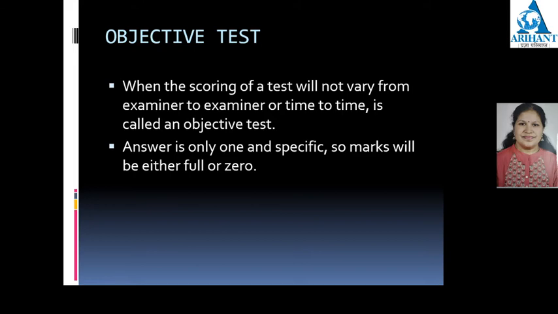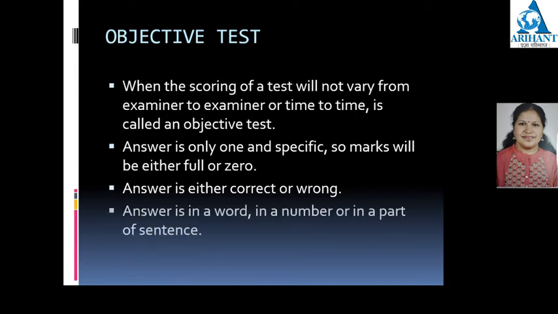If you write only the correct answer, then only you will get marks, otherwise you will get 0 marks. That's why it is an objective test. The answer is either correct or wrong.